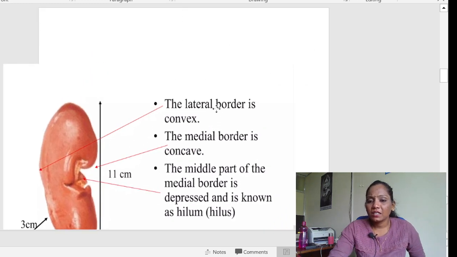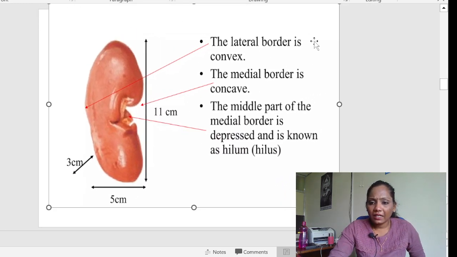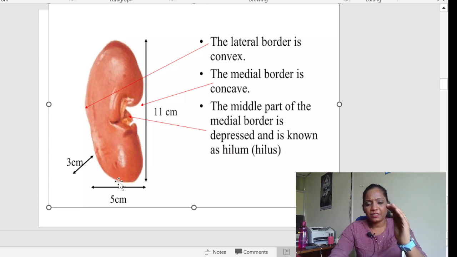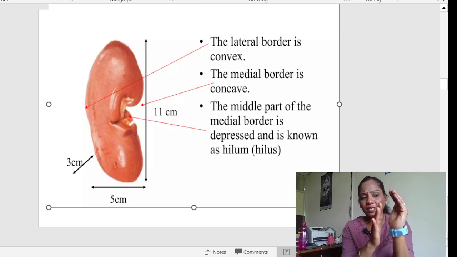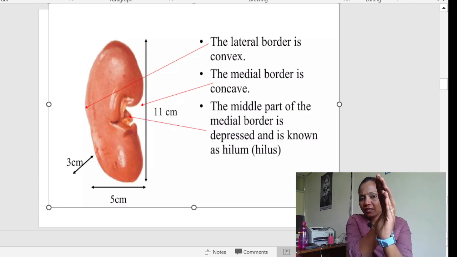The lateral border is on this side, the convex side. If you see my hand, if the kidney is located like this, this portion is the medial portion and that is the lateral portion.